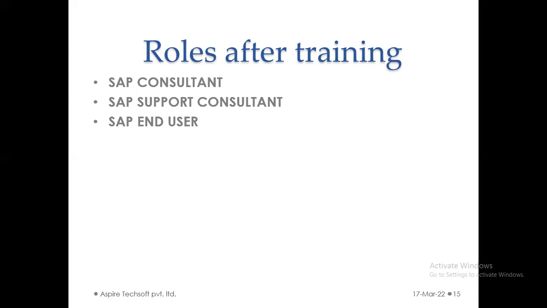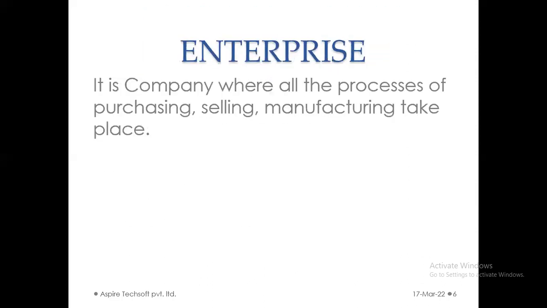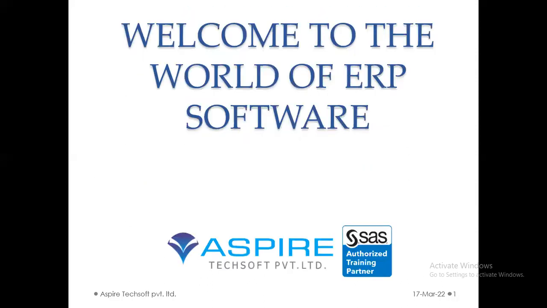The support consultant will help the end user with any type of problem. An end user will enter the data such as sales orders, quotations, creation of sales orders, creation of quotations. This is all about SAP. This is the roadmap of SAP. Thank you.